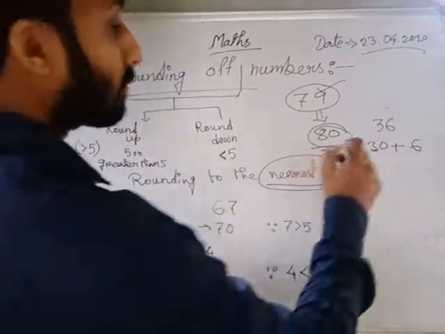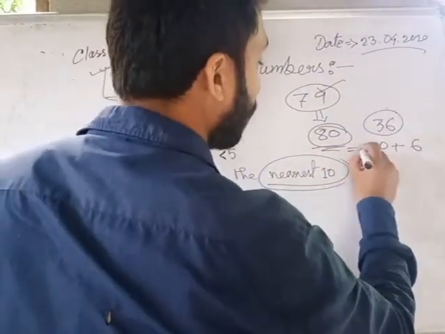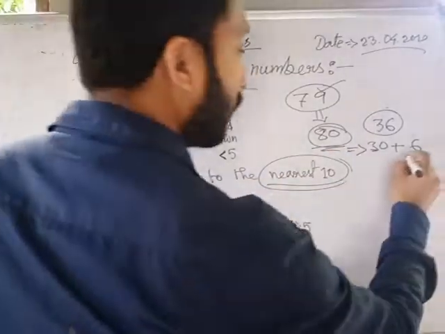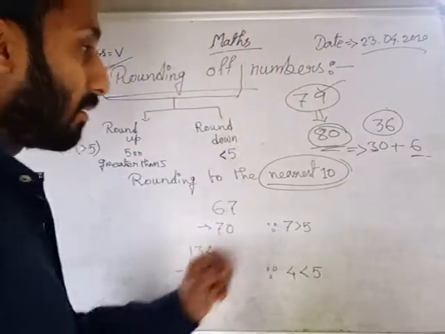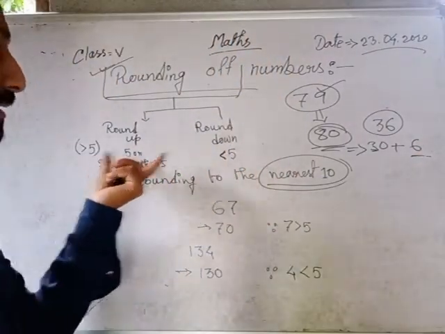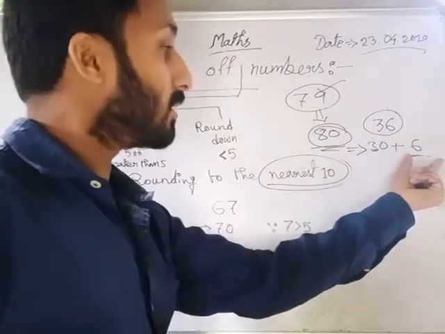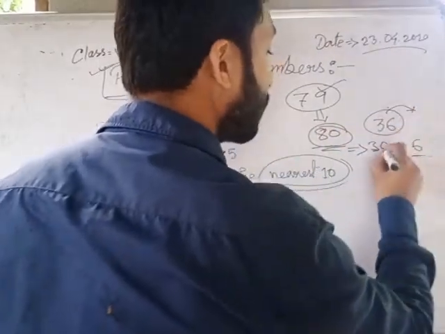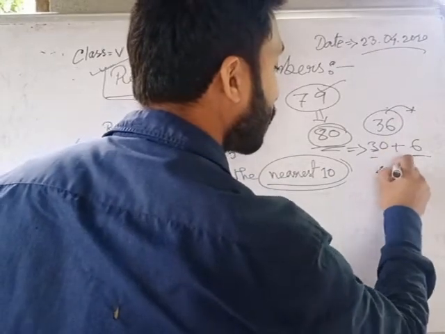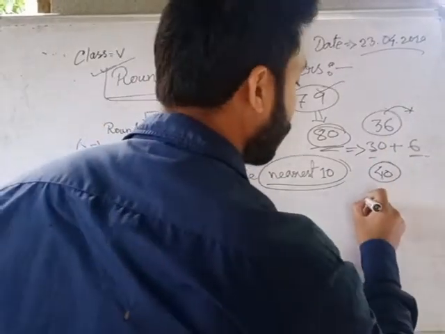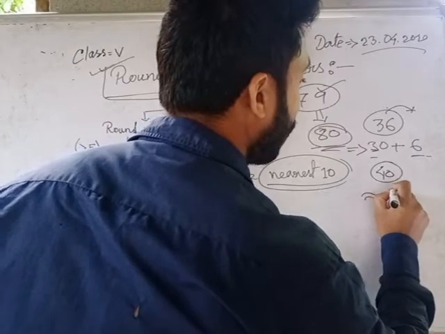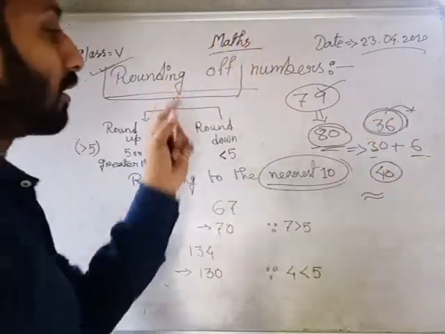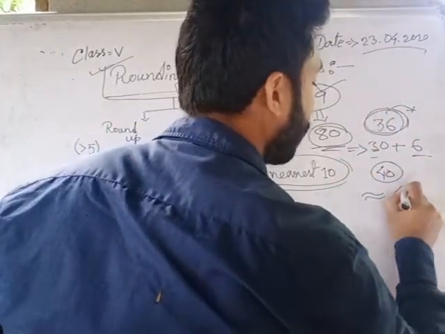Is 6 less than or greater than 5? 6 is greater than 5. That means we should go to the next 10. That means 3 tens, after that 4 tens, that means 40. So we should write here approximate: 36 is approximately, or rounds to, 40.